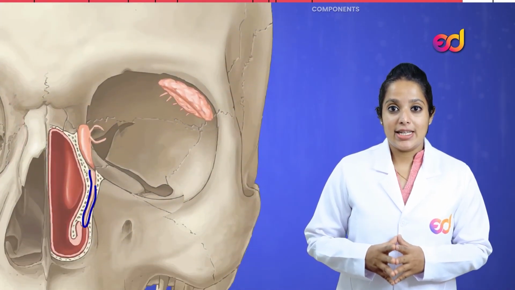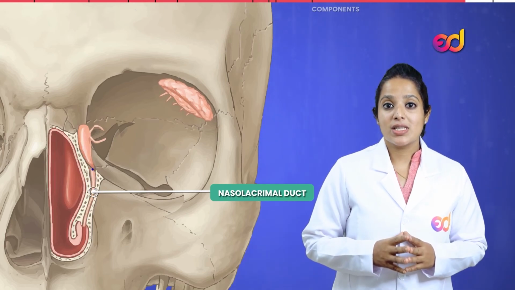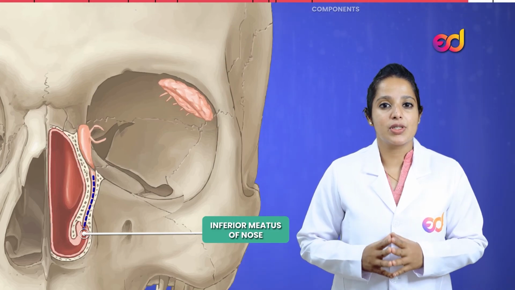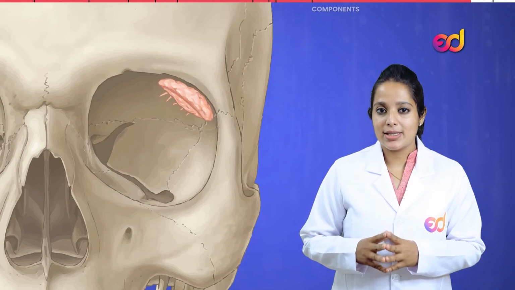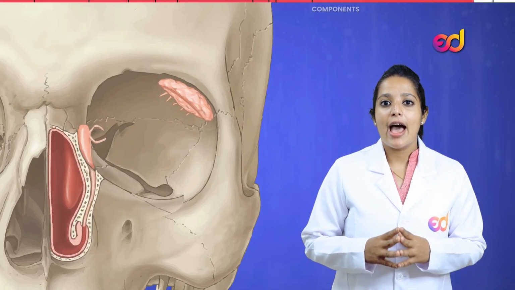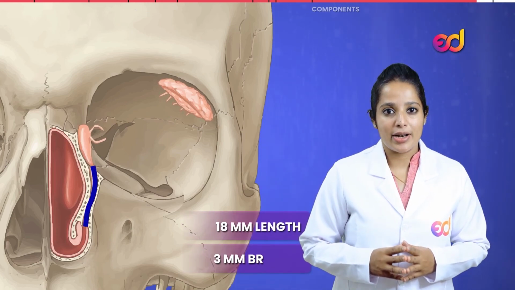Finally, there is the nasolacrimal duct, which is a membranous canal that transports tears from the lacrimal sac to the inferior meatus of the nose. It is located in the osseous canal, which is formed by the maxilla, lacrimal bone and the inferior nasal concha, and measures 18 millimeters in length and 3 millimeters in breadth.